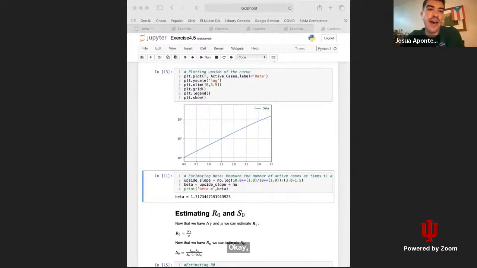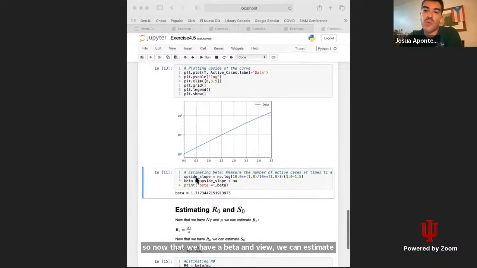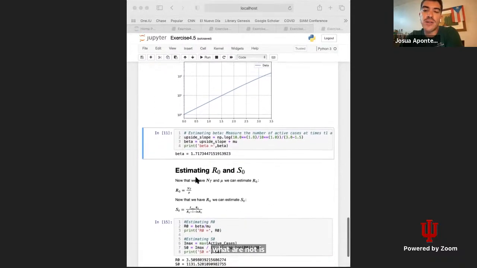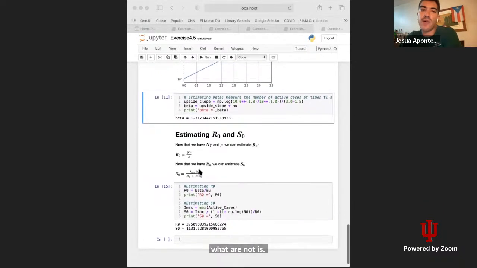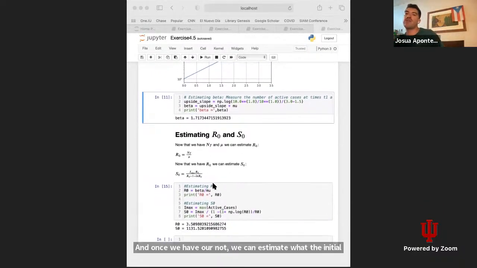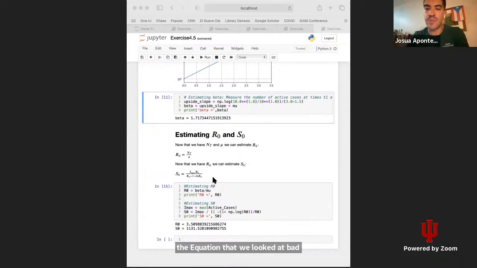So now that we have beta and mu, we can estimate what R naught is. And once we have R naught, we can estimate the initial number of susceptible individuals based on the equation that we looked at earlier.